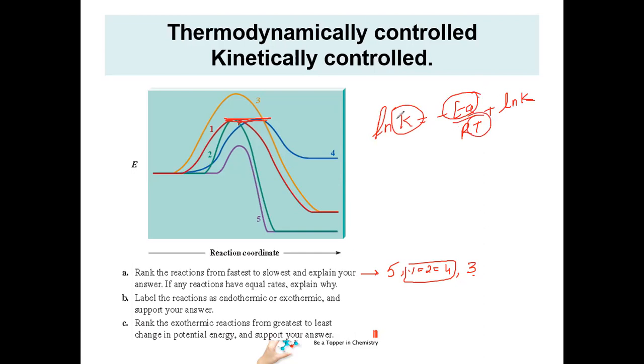The higher the activation energy, the lesser the value of K. So the rate constant is controlled by activation energy and temperature, and K is going to determine the rate, fast and slow. Now let's do part B. Which one is endothermic? Which one is exothermic?